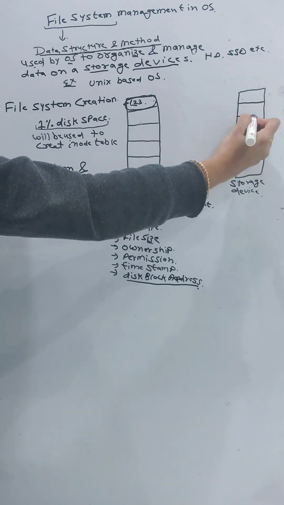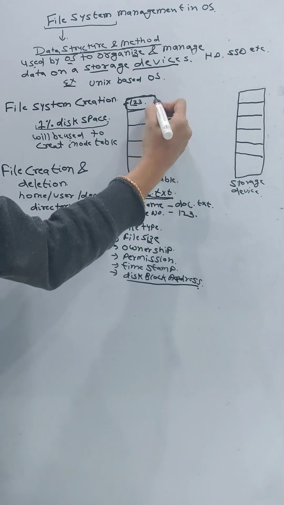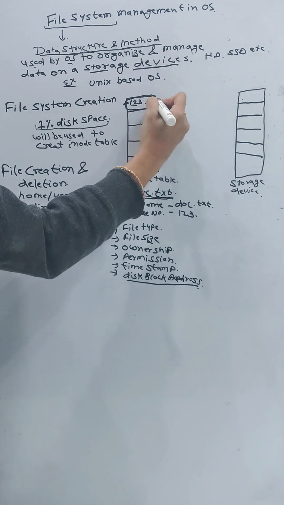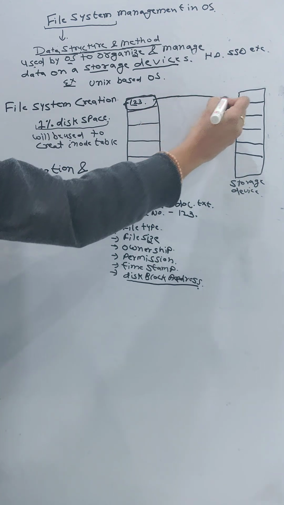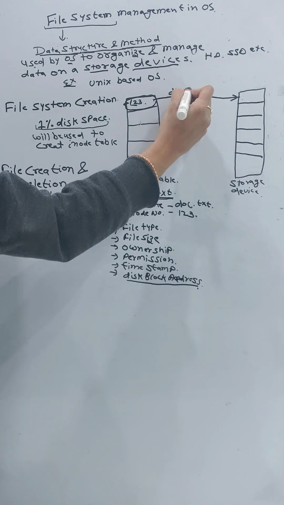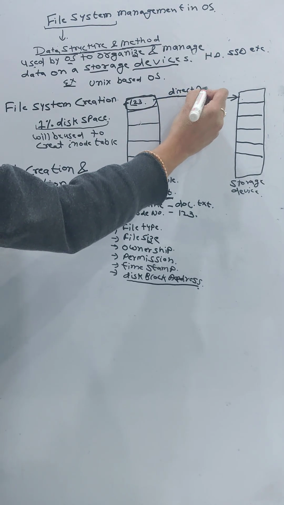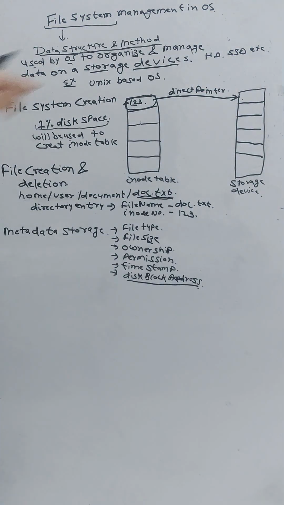Our actual data will be stored in these blocks, and the address of this block will be stored in our inode. So this is our pointer. This is a direct pointer.